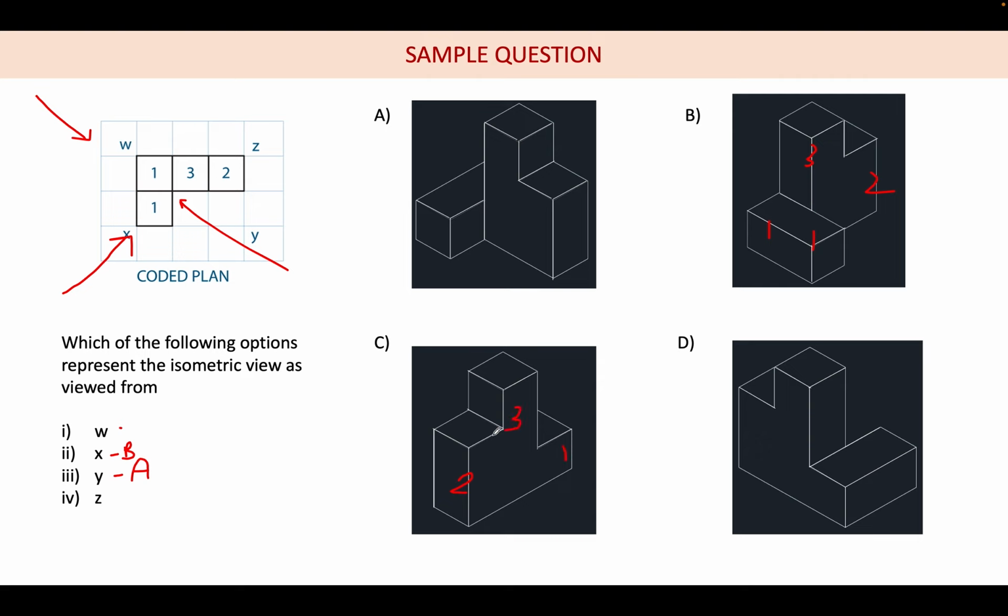The back one is not C. So C will be Z, right? So this W will be D. We will again check it for purpose. We have a 1 over here, a 1 over here, a 3 to the left and a 2 to the extreme left. So okay, correct. So this is the correct answer.